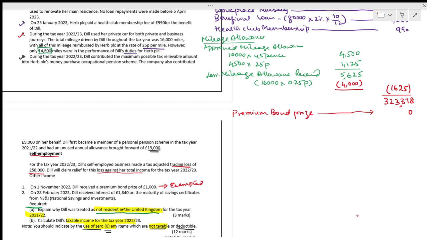Next. On 28th Feb, they receive the interest from savings certificates, National Savings and Investments. Is it right? Interest on National Savings and Investments is exempted.